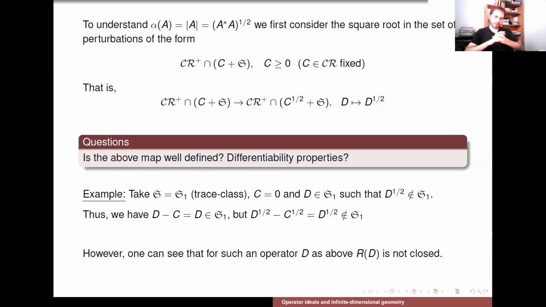And since operators in the trace class are compact, those singular values have to accumulate to 0. So that will mean that the range of D is not closed. But we see that this is a situation that we must look at with some care.